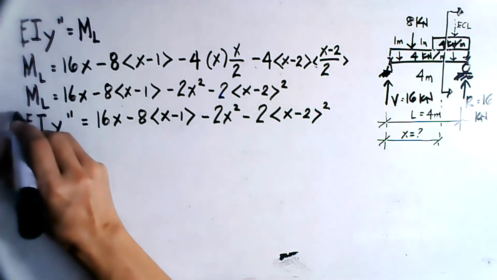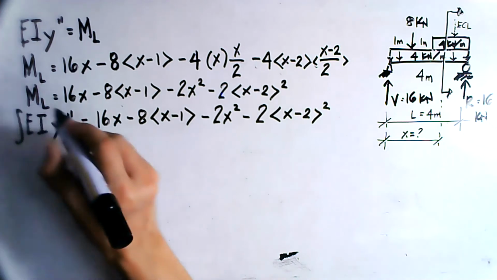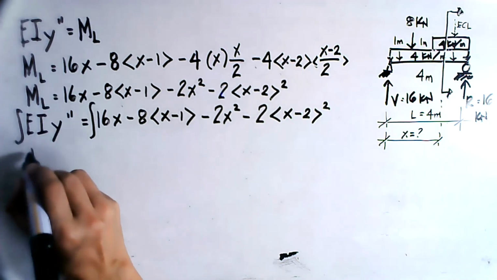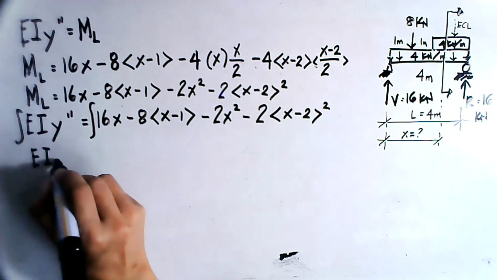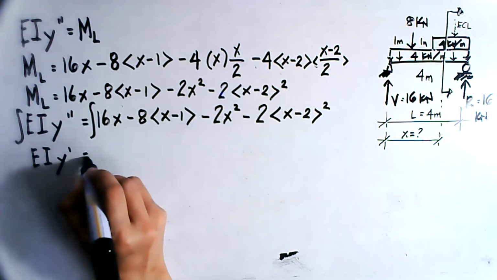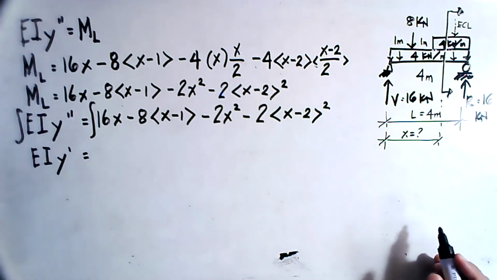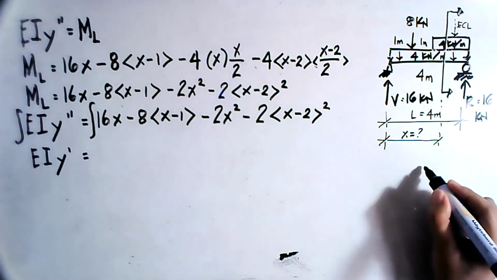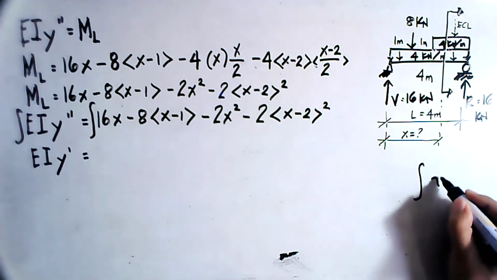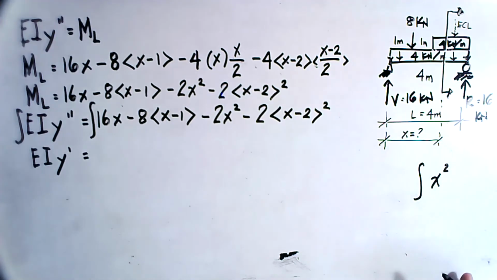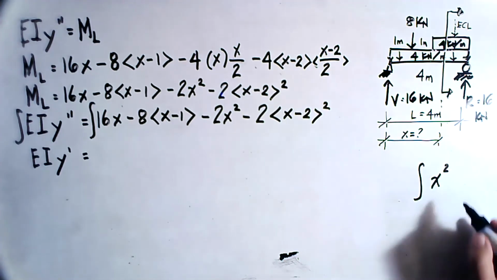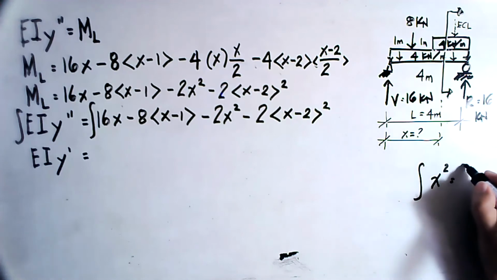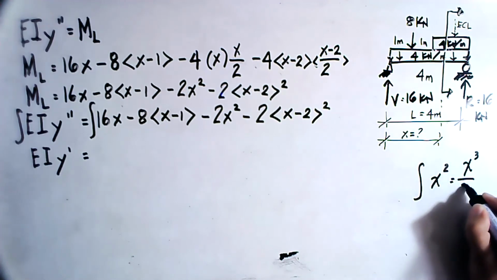So if you are going to integrate EI y double prime, we're going to integrate the entire equation. This would give us EI y prime. The integral of 16x, if you are going to integrate, let's say for example, x squared, the integral of x squared will be equal to x cubed over 3.